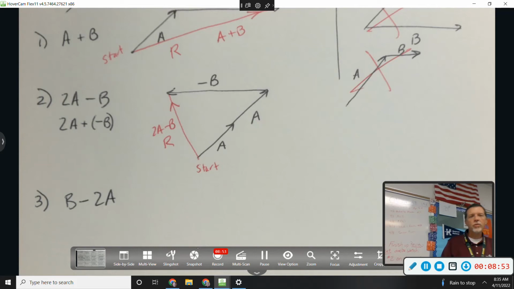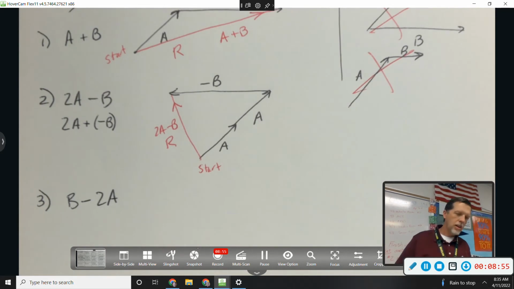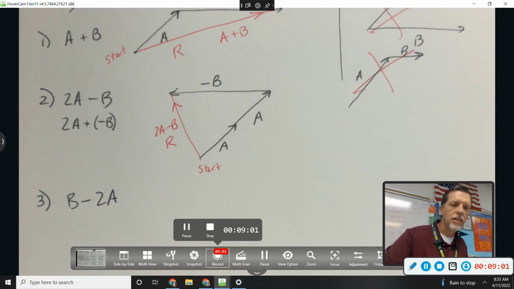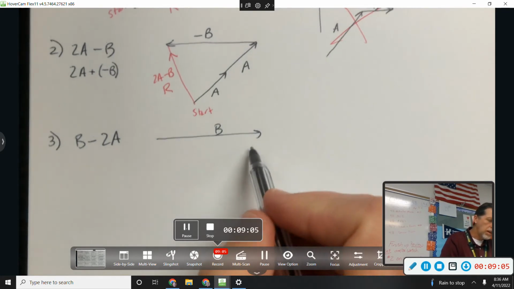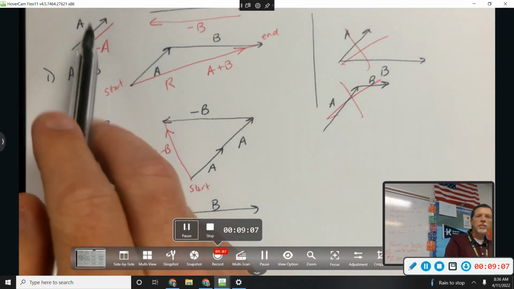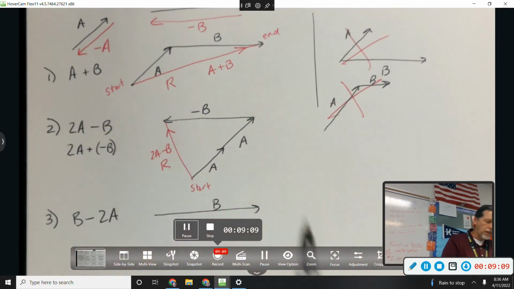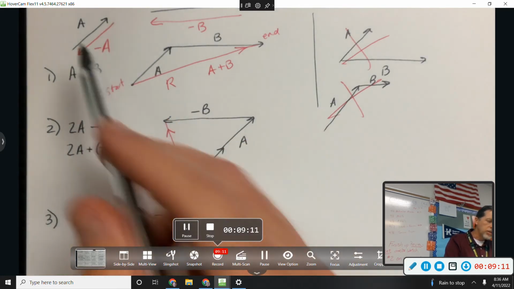Why don't you try this one? B minus 2A. So draw B, and then draw two negative A's back to back. See where you land. So draw B. Negative A is the opposite of A, so just go in the opposite direction. So the arrow is just on the other end.